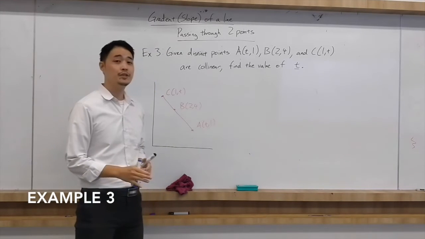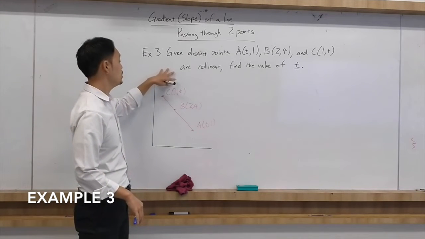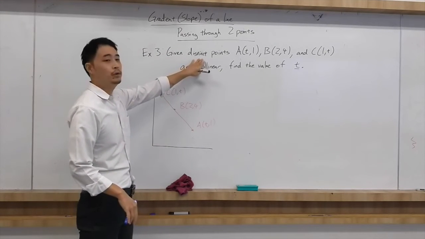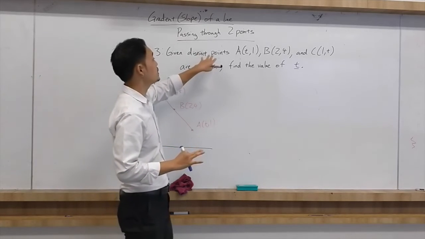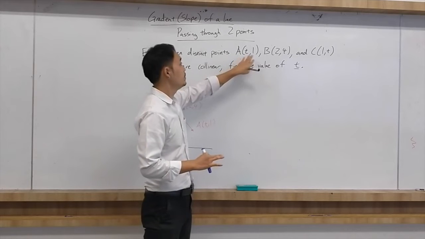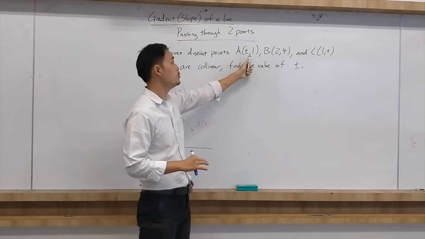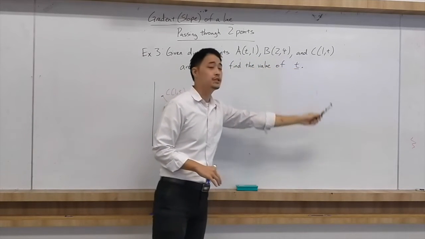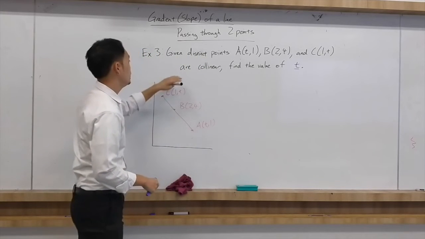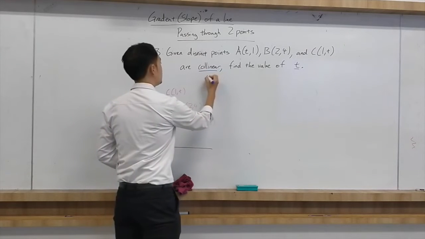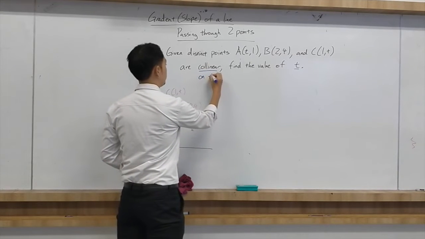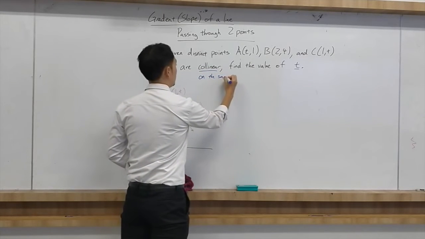All right, guys, last example. This one's tricky. Given distinct points, distinct meaning not the same, these are three different points. Given distinct points A, B, and C, A being T, 1, B being 2, 4, and C is 1, T, these are collinear. Find the value of T. Now, the word collinear just means on the same line.